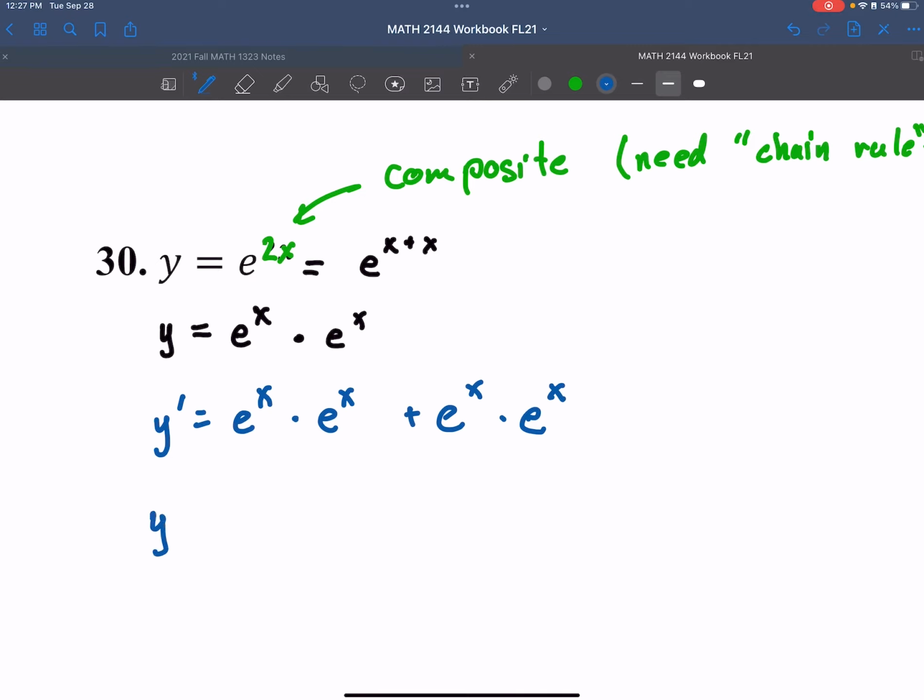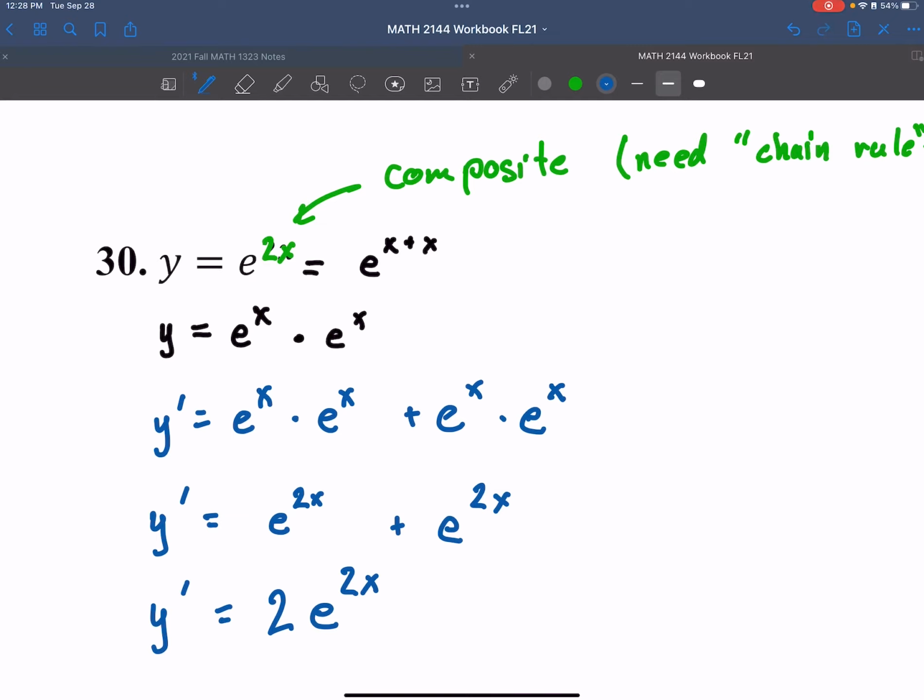So what we end up with here is e to the 2x plus e to the 2x, or 2 times e to the 2x. So again, just undoing that algebraic move to get the separate product, we just resimplify everything.